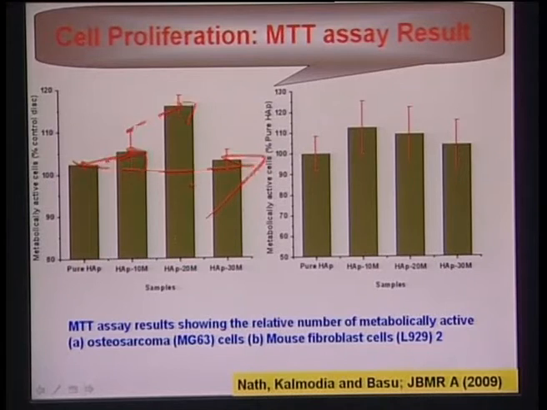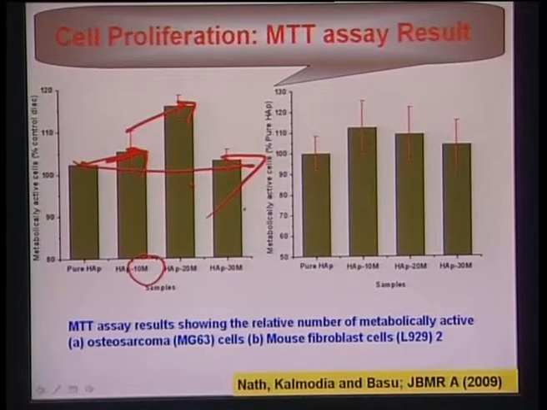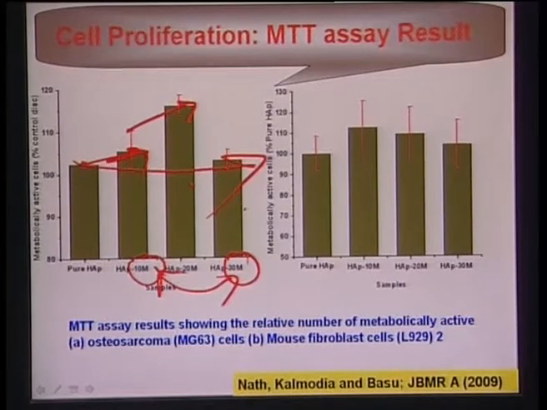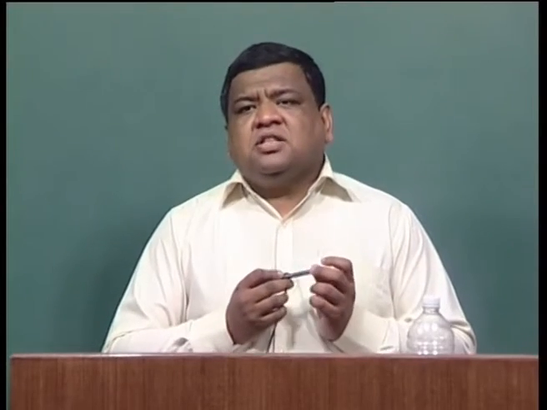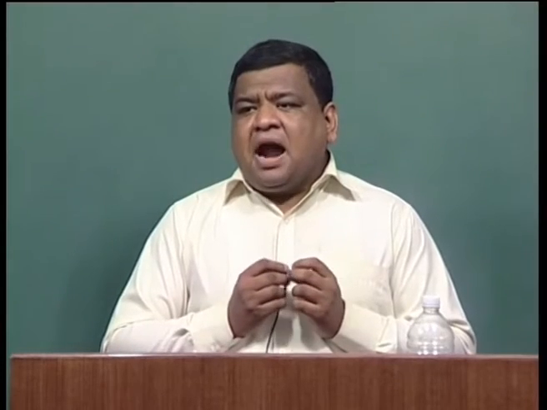So what I am trying to say is that as far as the MTT assay is concerned, the hydroxyapatite mullite has similar MTT values to the pure hydroxyapatite. What does it mean? It means that when you add 10 to 30% mullite to hydroxyapatite, you do not compromise anything as far as cell viability is concerned. You are not reducing the cellular viability by adding mullite to the hydroxyapatite samples.